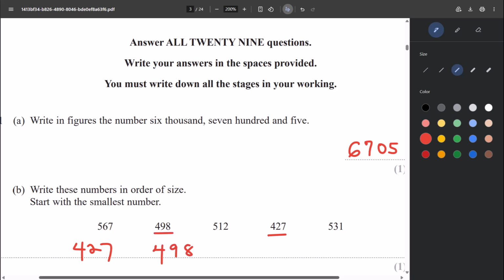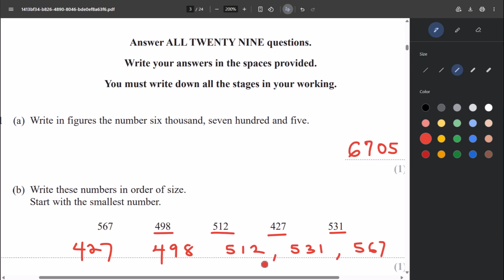Also, this number has already been taken too. And then the next number will be 512. And the next one will be 531. And the largest number is 567.